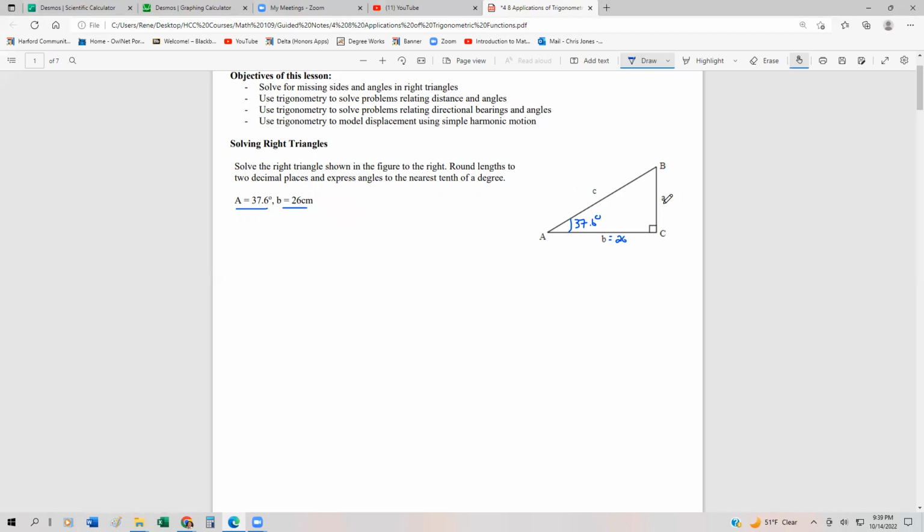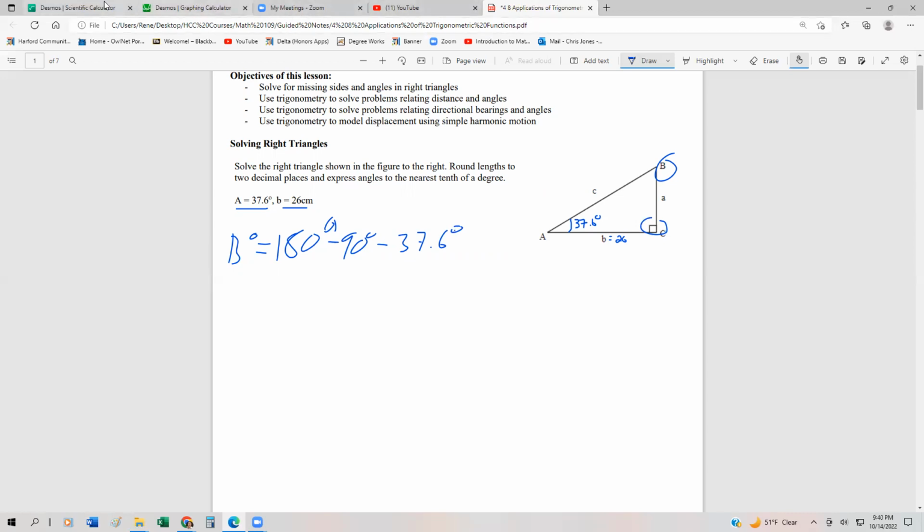So let's start with angle B because I think that's going to be the easiest. To find angle B, we know that the total interior angles are 180. So that would mean that we take 180 degrees, minus the right angle, which is 90 degrees, and then minus the other angle of 37.6 degrees. We can go right into our calculator and figure out that that's going to be 52.4.